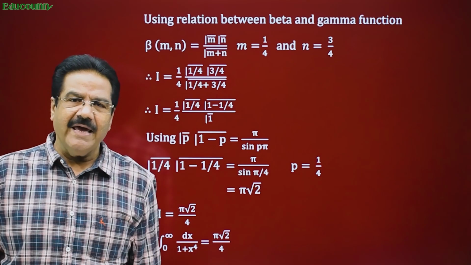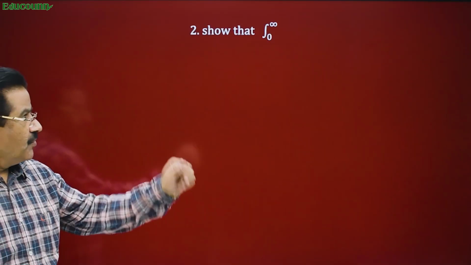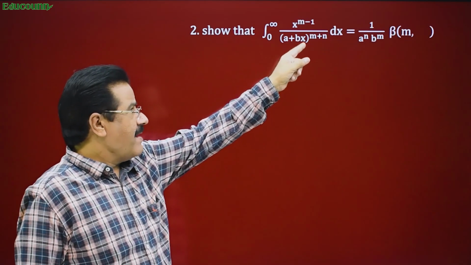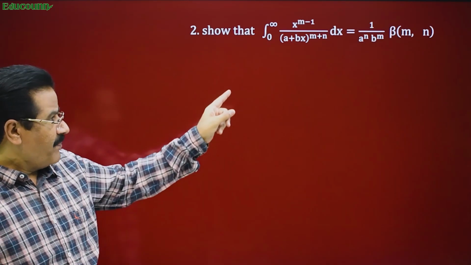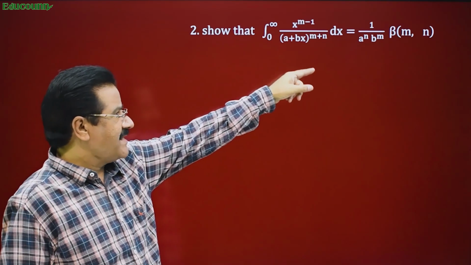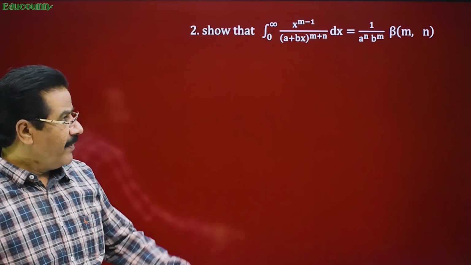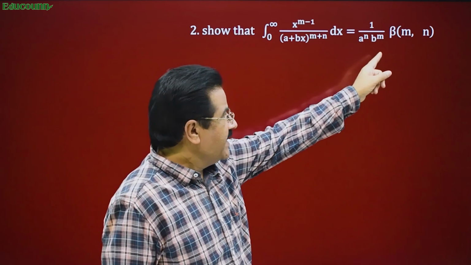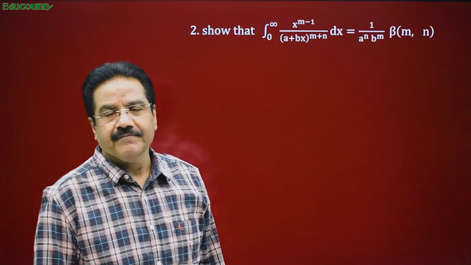Let us take now example number 2. Show that the integration 0 to infinity x raised to m minus 1 upon (a plus bx) raised to m plus n dx is equal to 1 upon a raised to n b raised to m beta of m comma n.